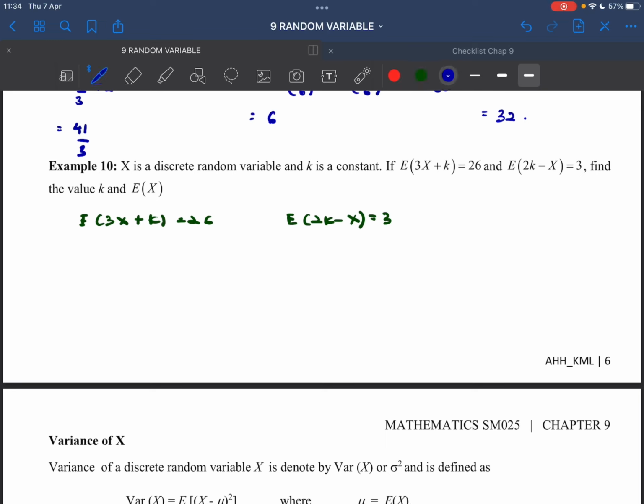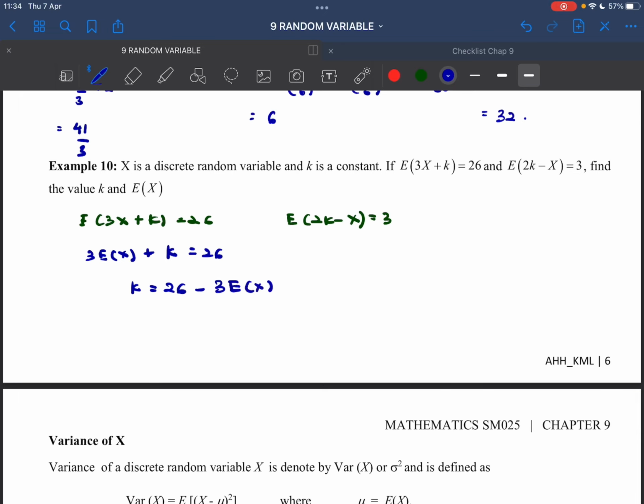So let's just do the properties first. 3E(X) plus E(k), and E(k) means k by property number 3, equals 26. We can rearrange this: k equals 26 minus 3E(X).